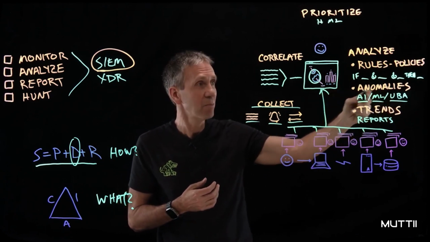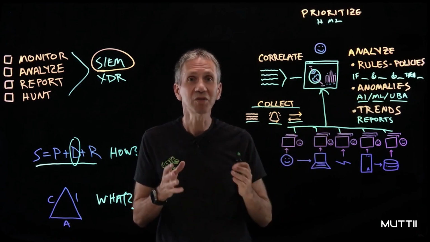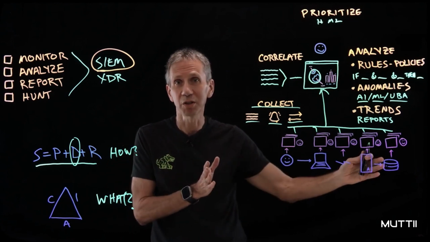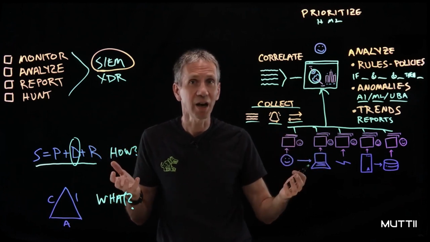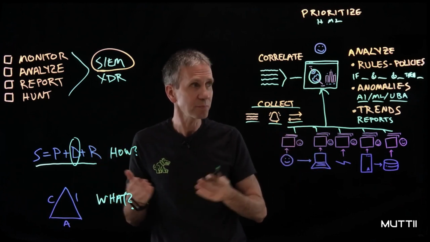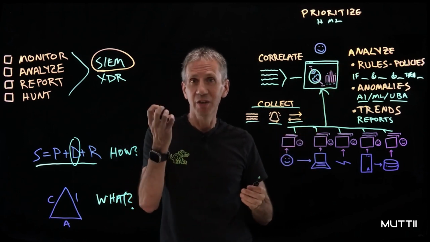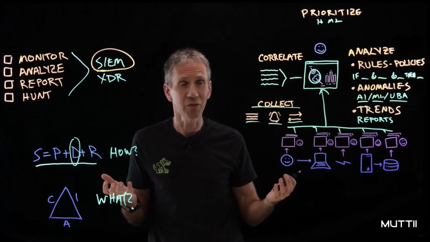So UBA might leverage these underlying technologies as a way to find the thing that doesn't belong. Why is this user doing something different than all of his peers? Or why are certain things happening at certain times when we don't expect them to happen? So that's looking for the anomalies. Here we say, this is what I'm looking for. Here I say, tell me about something that I don't really know I'm looking for.